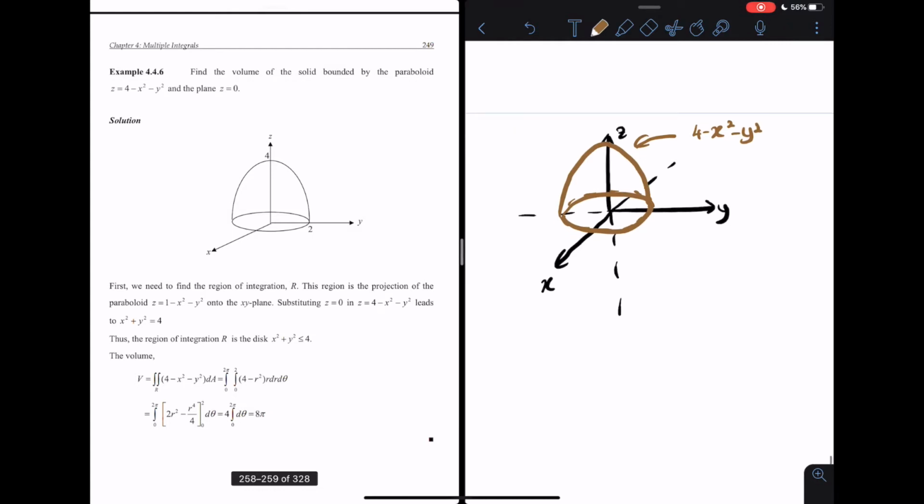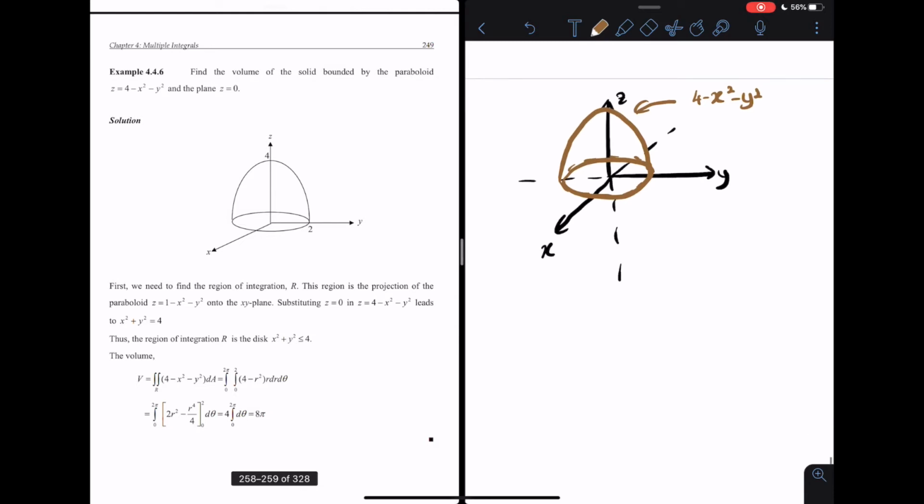So if you look at your surface from the three-dimensional coordinate system and then you try to map onto the xy plane in the two-dimensional coordinate system, on the xy plane there will be no coordinate z. You will always assume z is equal to 0.